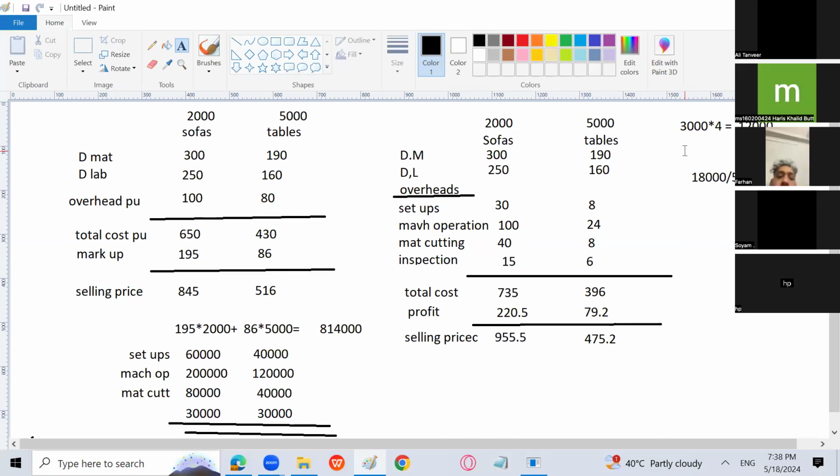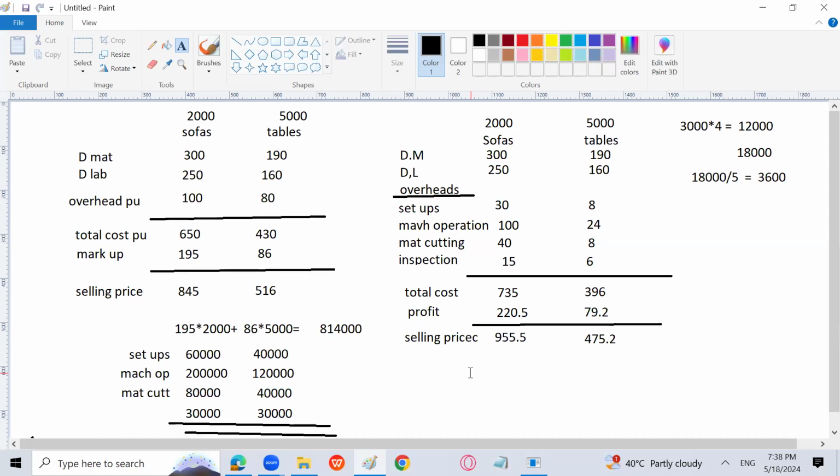So now you have to solve the question. 3,000 units will be produced for tables and 3,600 units will be produced for sofas, right? And you have to calculate the profit again. You have to compare the profits actually. The profit per unit is 220.5 for sofas and 79.2 for tables, and the profit per unit will remain the same.